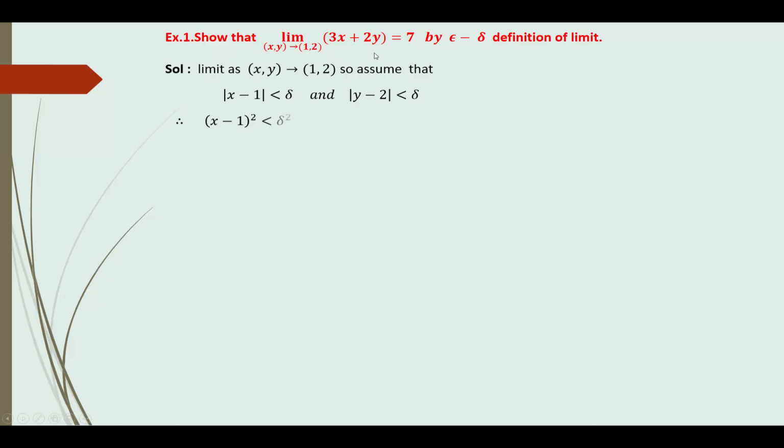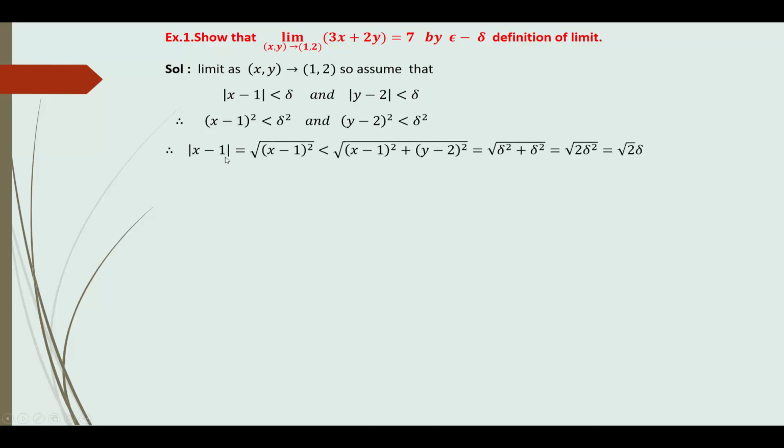First, squaring both sides, x minus 1 squared is less than delta squared, and y minus 2 squared is also less than delta squared. Therefore mod of x minus 1, which is the square root of (x minus 1) squared, is less than the square root of (x minus 1) squared plus (y minus 2) squared.